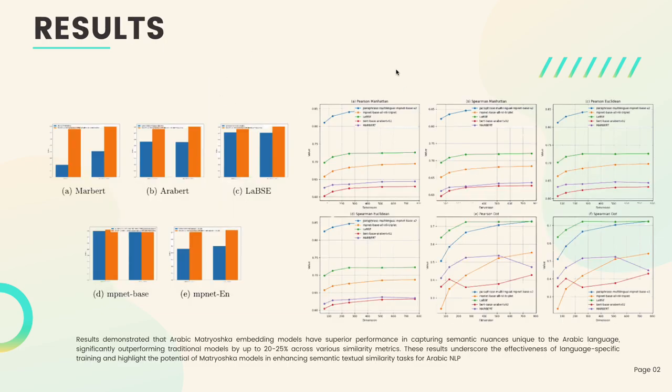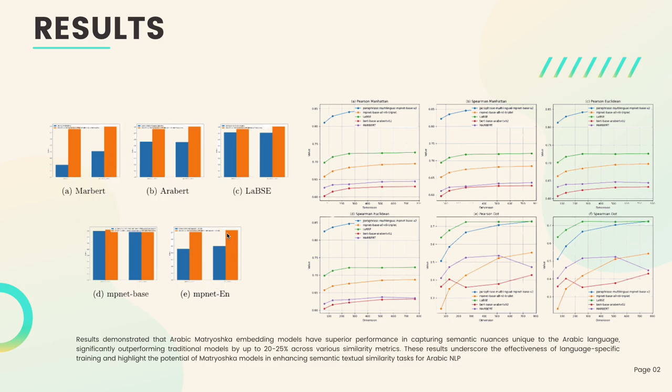As for results, I have many results included in the paper analyzing everything, but as I can tell now, basically all the trained Matryoshka embedding models have outperformed the base models, for the Marbert, for the AraBERT, for the Labse and Infinite Base, and also for the English model. And the interesting thing is that the multilingual models are better than the Arabic ones.